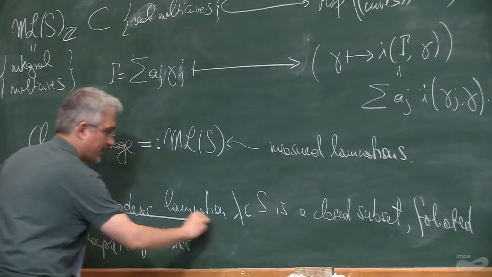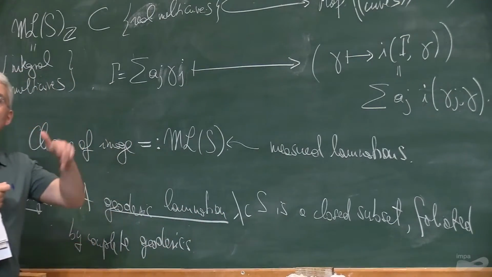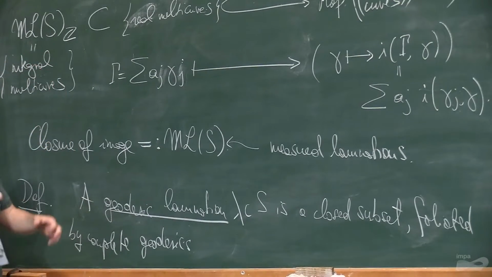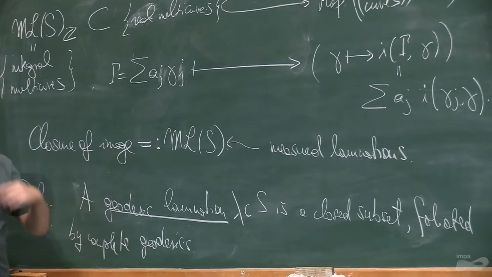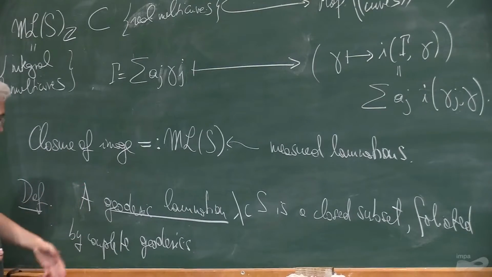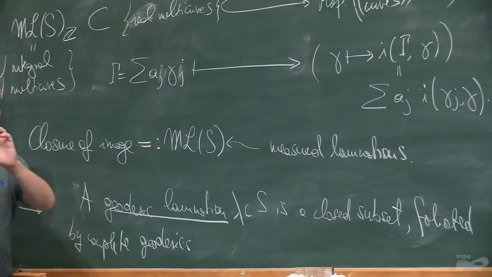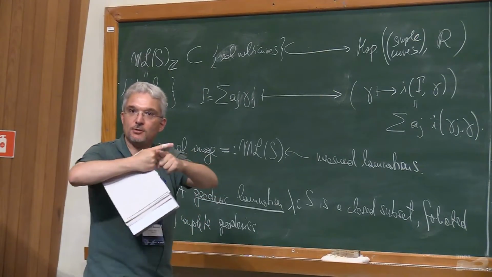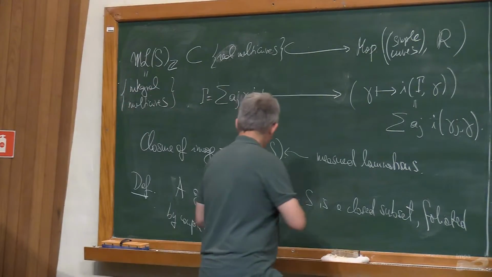So basically, a simple closed geodesic is a geodesic lamination. Yes, this leaf is a complete geodesic. Or two disjoint geodesics are a geodesic lamination. And two geodesics that intersect do not form a lamination because this cannot be foliated. I mean, the two leaves would intersect.